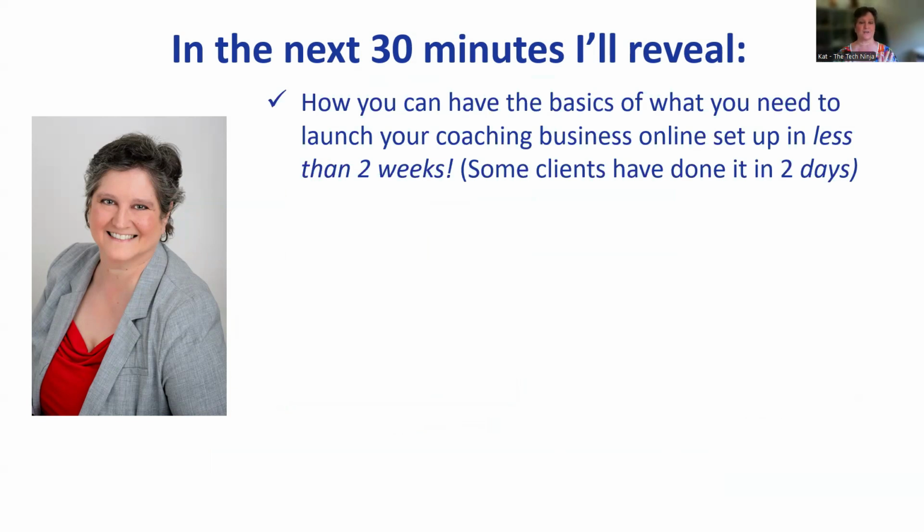So here's the thing. There's really only 5 things that you need to get started online. A CRM, which is a customer relationship manager where you keep all of the information for your clients; a landing page so that people can learn about what you offer and start making money ASAP; a lead magnet, which draws those ideal clients in and makes them want to learn more about how they can work with you.